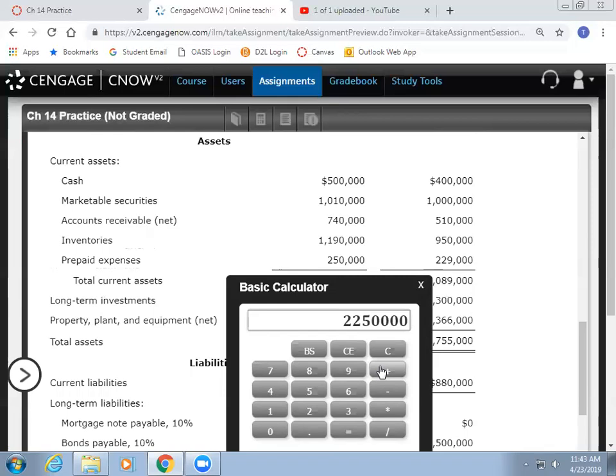The reason that's liquid is if it's a short-term investment, that means it's maturing this year, so we can cash it in. So look in between those. That's kind of your clue, your hint. So quick assets, we have 2,250,000. We divide that by our current liabilities of 900,000, and you get 2.5.